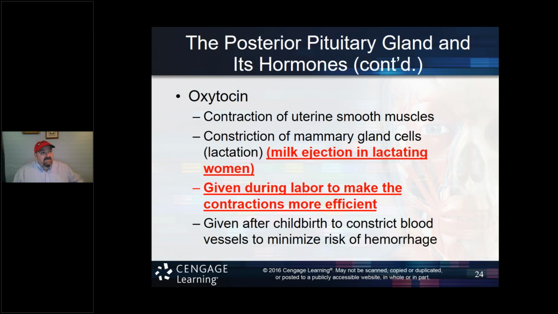Then more oxytocin is released, and the strength of contractions will increase, as well as the time between the contractions will decrease in order to birth the baby. It's also given after childbirth to constrict blood vessels, allowing for vasoconstriction to minimize the risk of hemorrhage. And know that you still have to deliver the placenta.